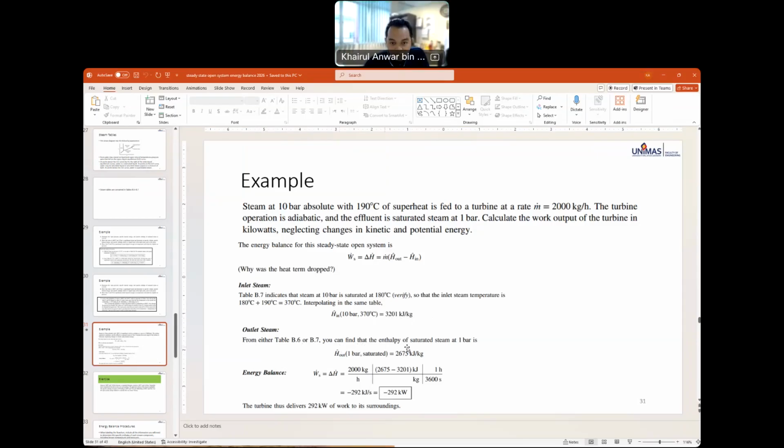You can find the enthalpy of saturated steam at 1 bar, H out at 1 bar. Since this is saturated steam, not superheated steam, you can use either, but it is better to use table B6. So you get H out at 1 bar, saturated, equal to 2675 kilojoule per kilogram.